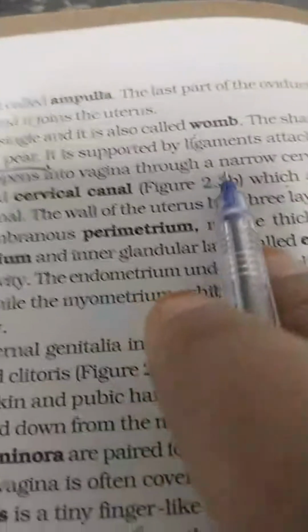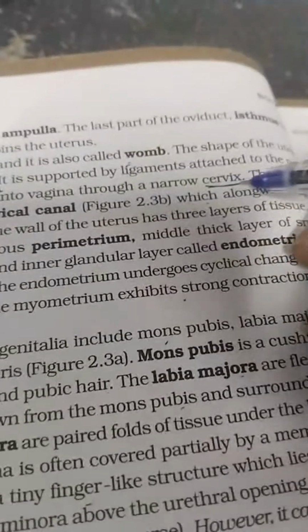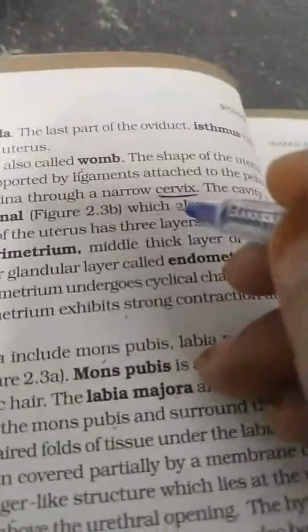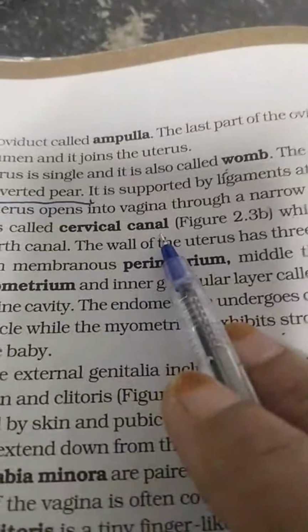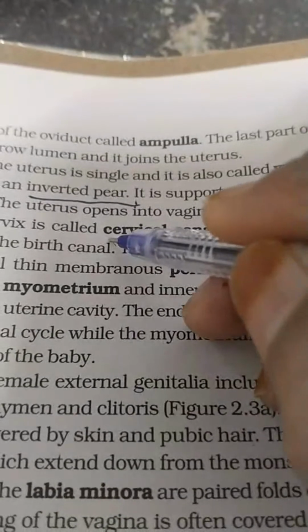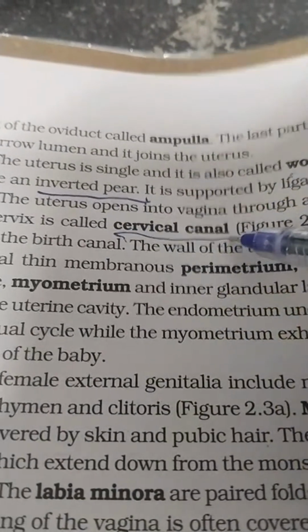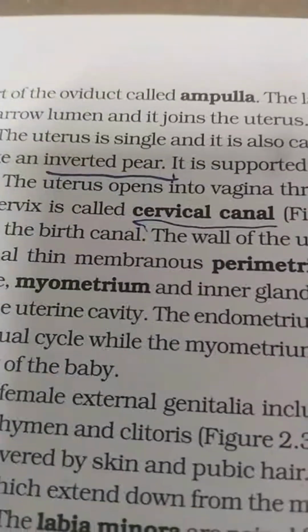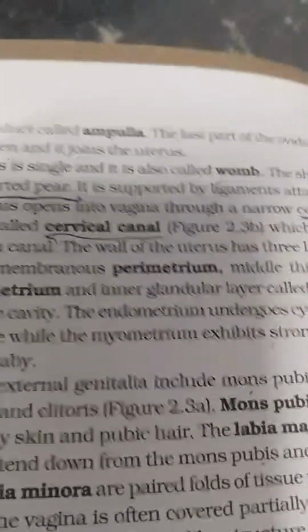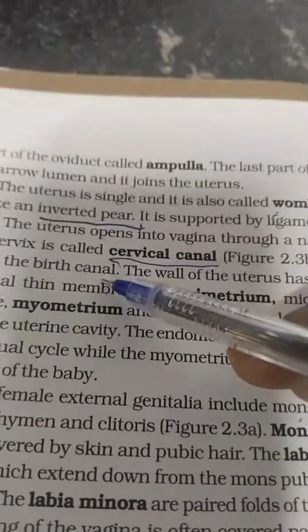The uterus opens into the vagina through a narrow cervix. The opening of the uterus is nothing but the cervix. The cavity of the cervix is called the cervical canal. Here a cavity is present near the cervix that is known as the cervical canal, which along with the vagina forms the birth canal.